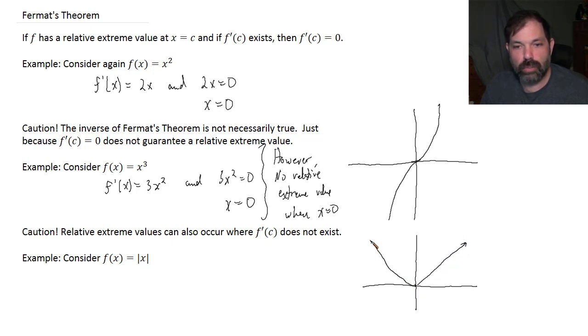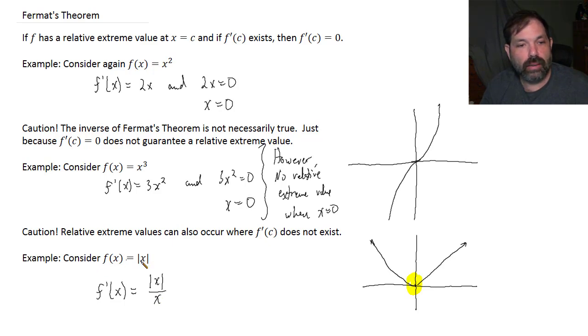This is that v-shaped curve, and when x equals 0, the derivative does not exist because the slope on the left doesn't match up with the slope on the right. Right? That limit will not exist. And we haven't proven this, but if f of x is the absolute value of x, it turns out that f prime of x is the absolute value of x over x.